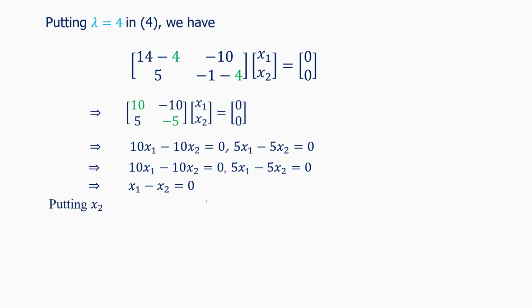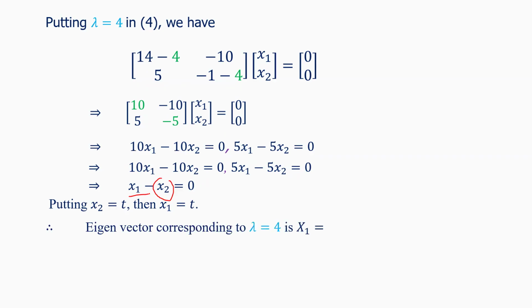Let us take x2 equal to t. Then x1 is also equal to t. Therefore, the eigenvector corresponding to lambda equal to 4 is (t, t) transpose, which is t times the column vector (1, 1), where we have taken t outside.